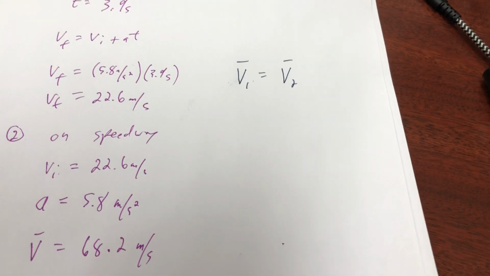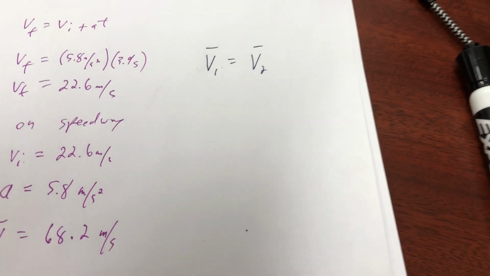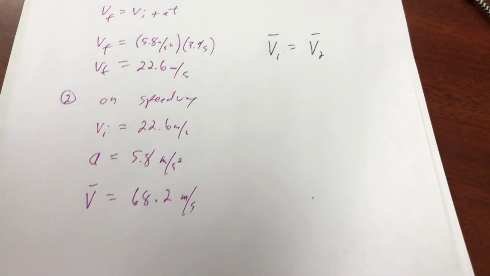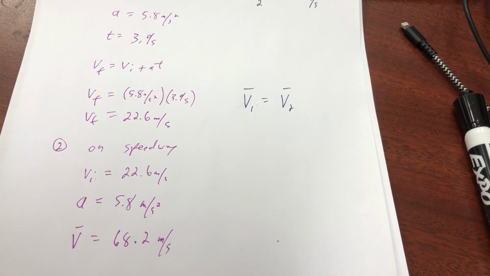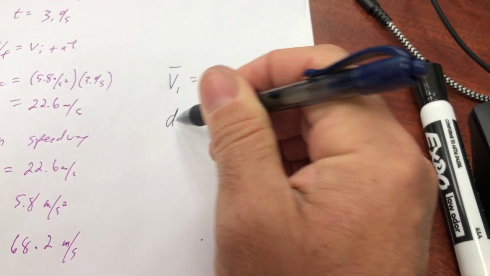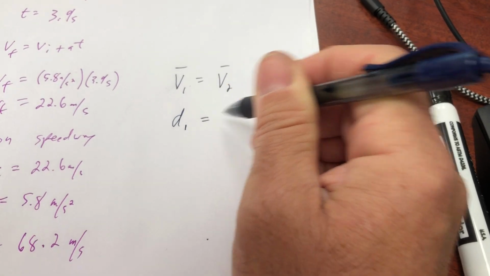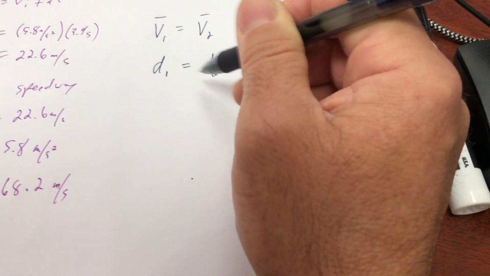So what am I looking for in this problem? I'm looking for how much time is required for these to catch up with each other. So I also know, so if the averages are the same, I also know that the distance traveled has to be the same, as well as the time.